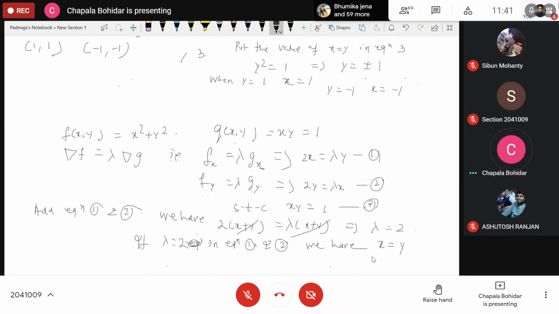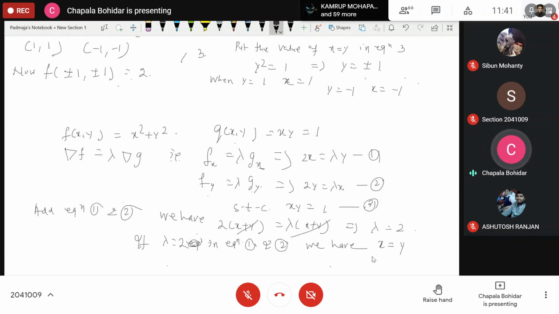Okay. So now, f of plus minus 1, plus minus 1 is equal to how much? It is 2. The functional value, it is x square plus y square, we get 2.